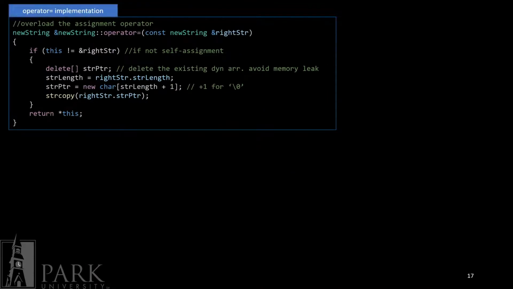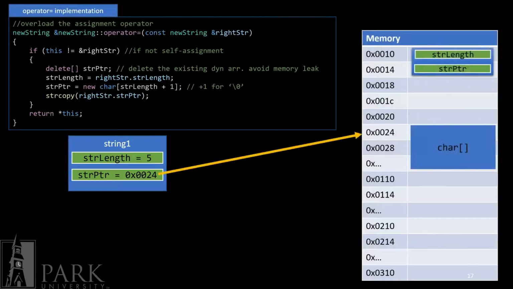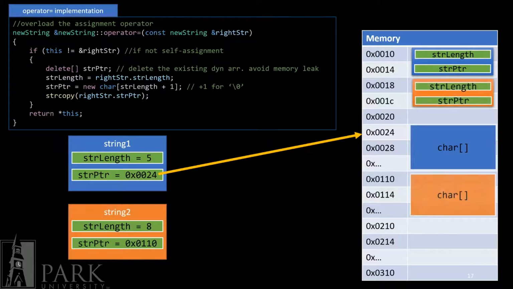Let's go through the copy procedure again, but a little bit more visually this time. First, we have our object that is calling the assignment operator, in this case, string 1. And here is its member data in memory. You can see that we have its length and pointer as well as its dynamic character array. We pass in the right-hand operand, that's the string that we're going to copy, and it occupies its own place in memory.